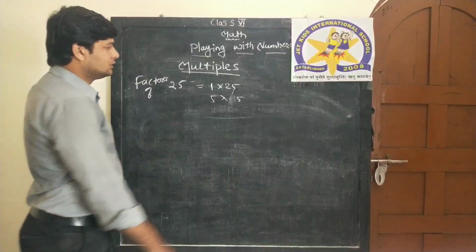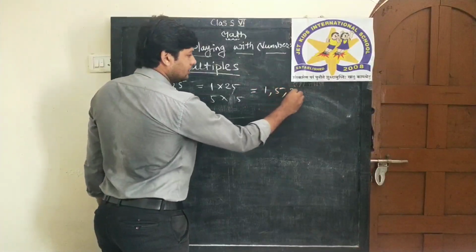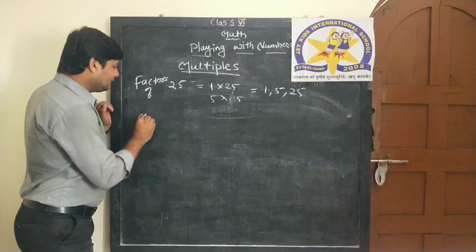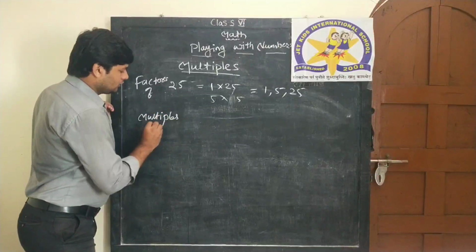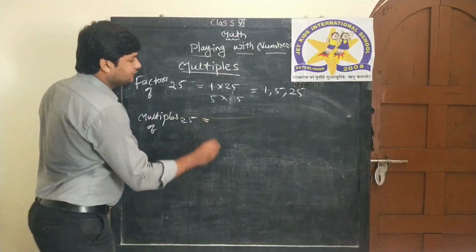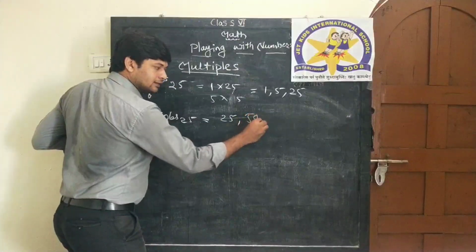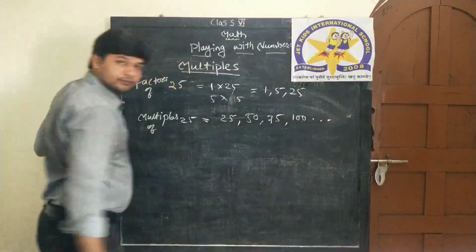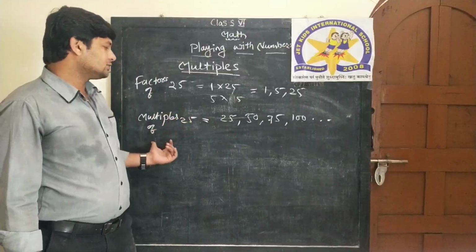So the factors are 1, 5 and 25. If I am writing multiples of 25, it will be 25 first, then 50, then 75, then 100, and so on. I am just writing the first four multiples of 25.